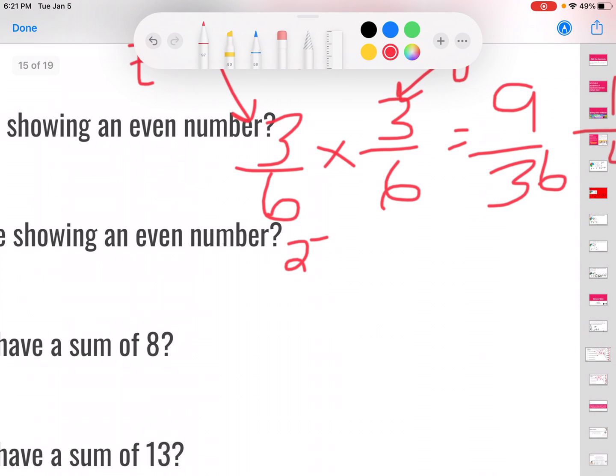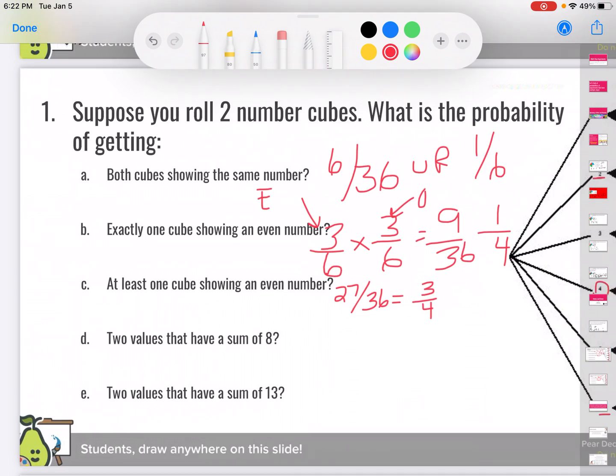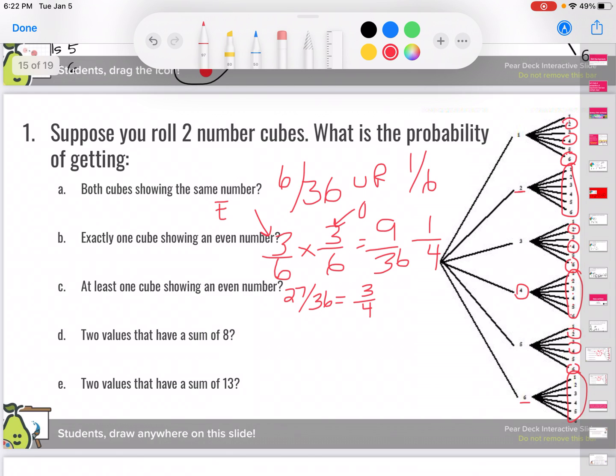So 27 out of 36. So let's think about what that could be. So 3/4. So if I wanted to think about a scenario where it would work every time, that's how I could do it.